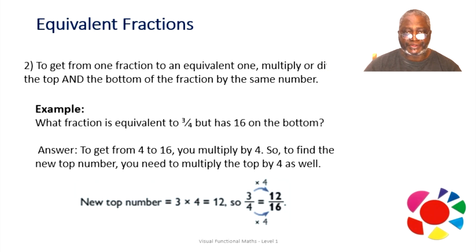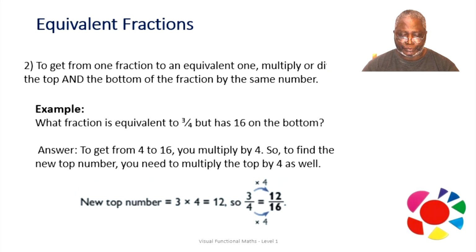Compare 4 and 16 and see what number is common between them. For example, 4 can go into 16 and 16 can be divided by 4. So to get from 4 to 16, you multiply by 4. So to find the new top number, you need to multiply the top by 4 as well.